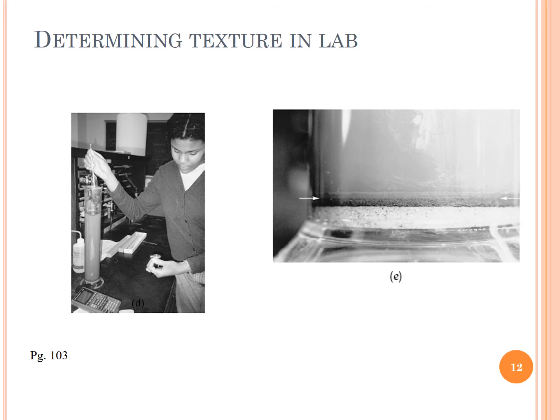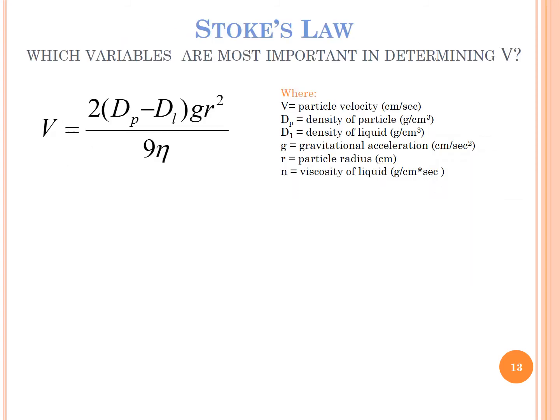So what we find is that sand falls out first because it's the largest, and then silt falls out second because it's the second largest, and clay stays suspended the longest. So we can take time measurements and figure out the percentage of sand, silt, and clay, knowing that they fall out in that order. We use Stokes' law to figure this out.